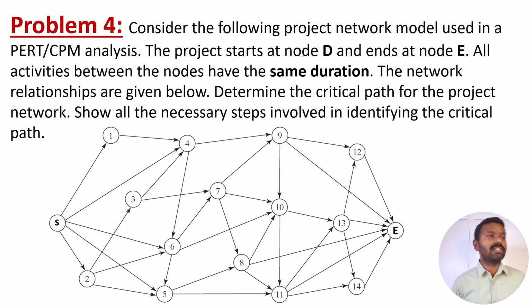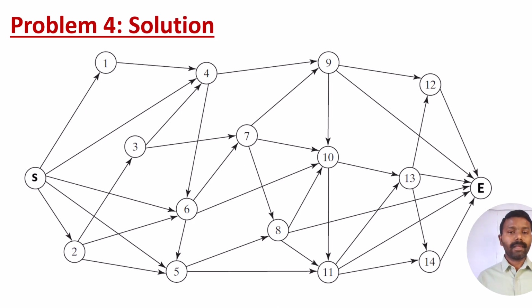We need to first see the critical path. If we go with the first method, identifying each path and its duration, there will be several paths, and to see every path and do the calculation will take a lot of time.